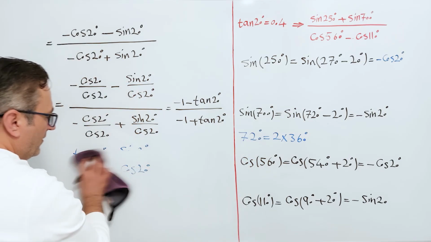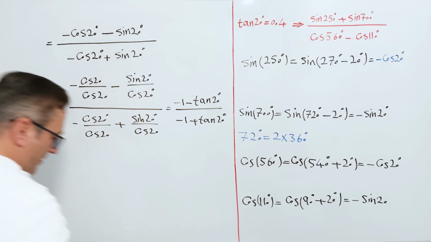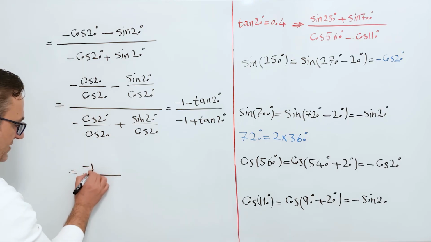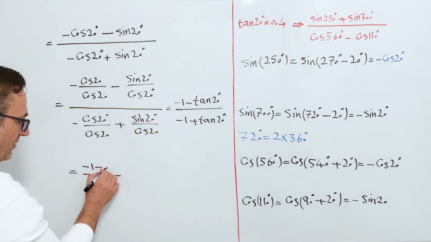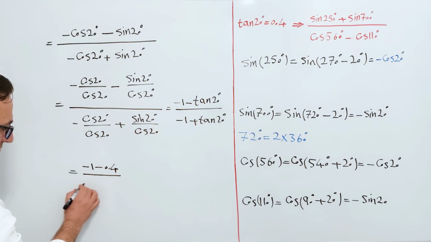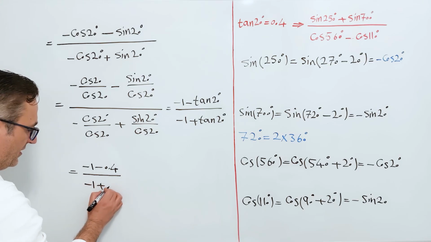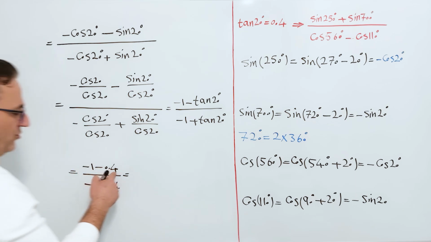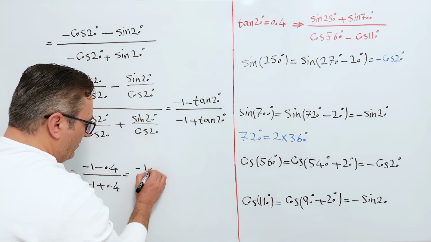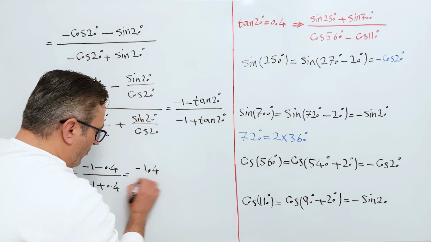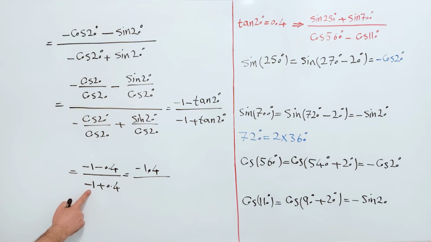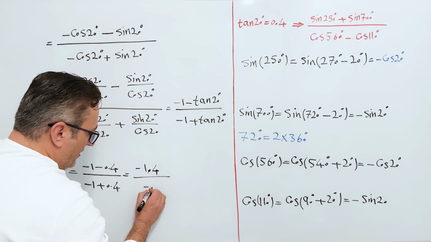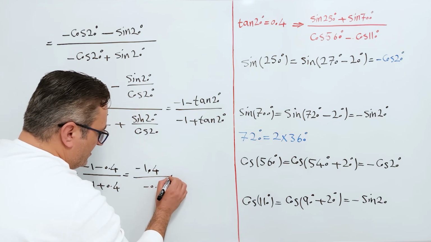So the answer is minus 1 minus 0.4 over minus 1 plus 0.4. Minus 1 minus 0.4 is equal to minus 1.4, divided by minus 1 plus 0.4, which is equal to minus 0.6.